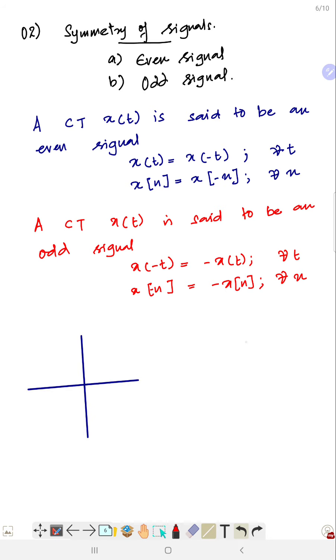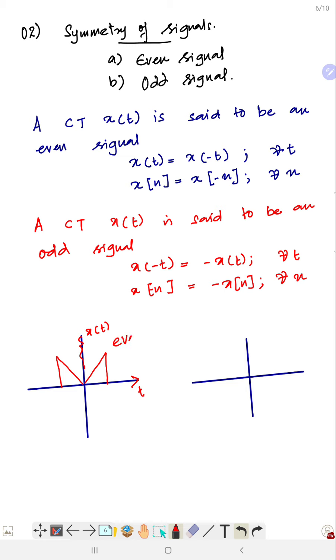So if I have to show it in the form of a waveform, I will draw small waveforms here. So say something like this. This is symmetric. So this will be an even signal, because if you fold it around this axis, it will be symmetric in the sense that it will completely overlap the other half of the signal.